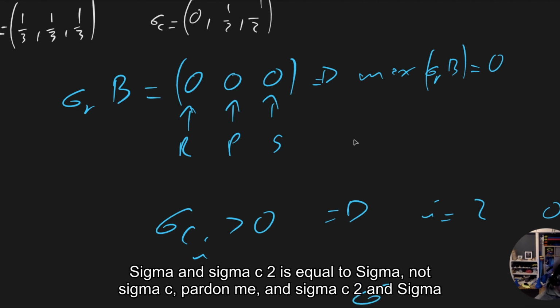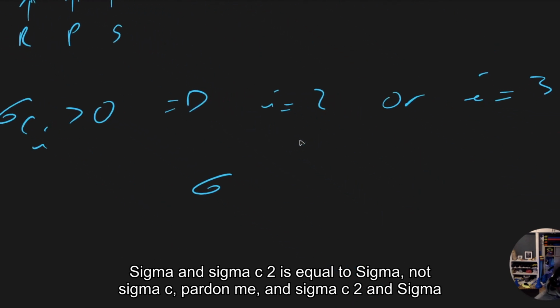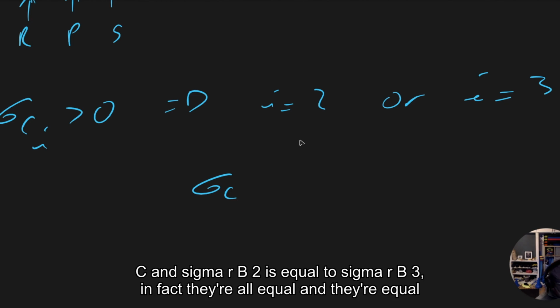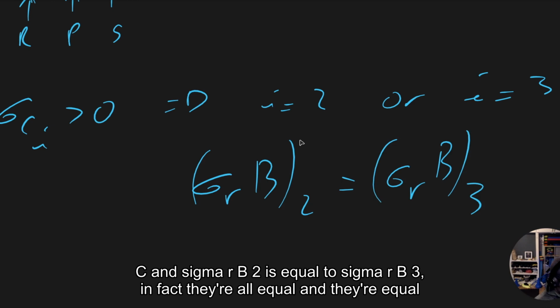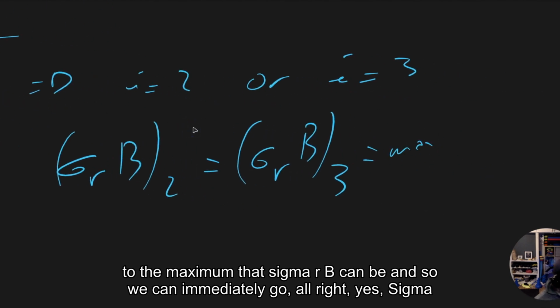And sigma rb2 is equal to sigma rb3. In fact, they're all equal, and they're equal to the maximum that sigma rb can be.